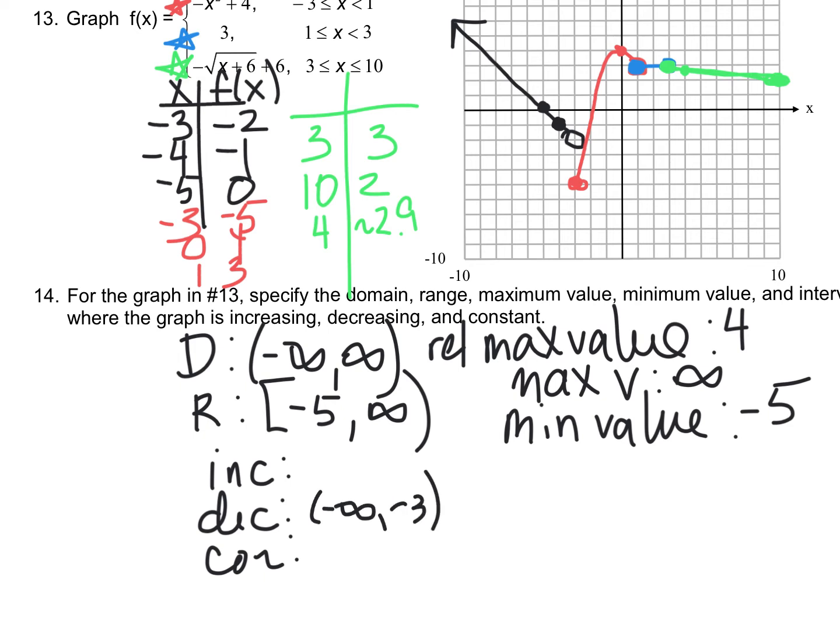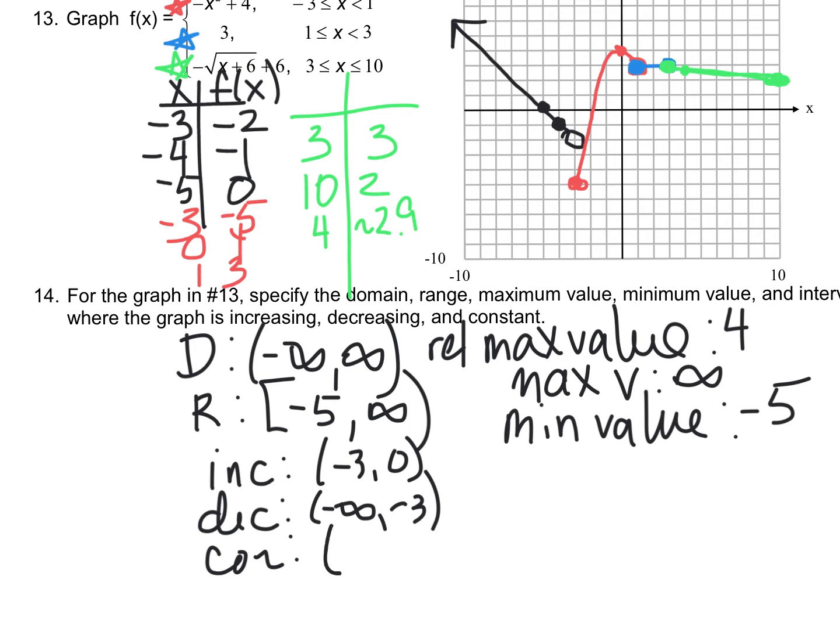you're always using parentheses. Then as we continue to move this way, as I move left to right, from here to here, the y values are going up until there. So that'd be an increasing interval from negative 3 to 0. The graph from here to here is a constant function.